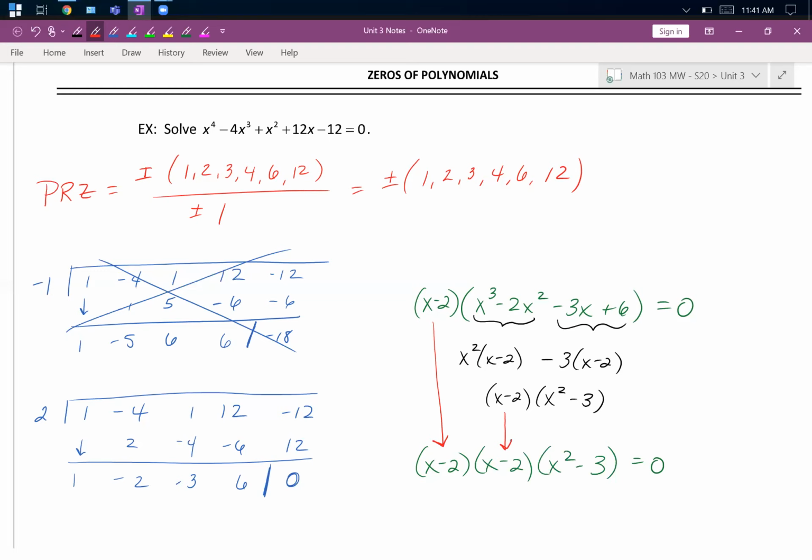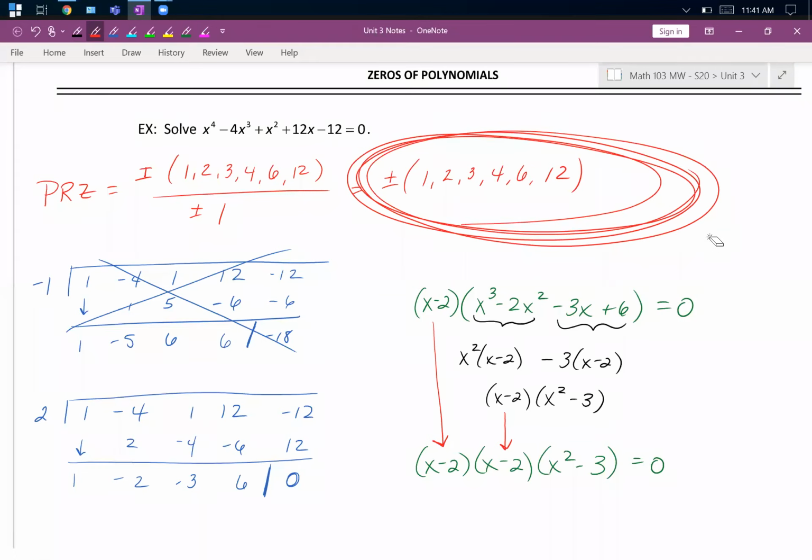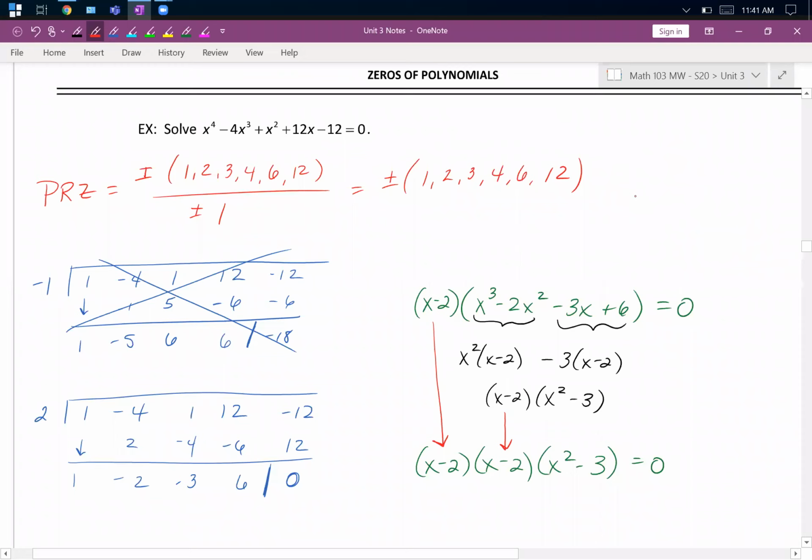Yes, that can happen, but I want to point out why it's so important to also use the other factoring tools we have. Had we not done factor by grouping, you would have checked every single number in our list of possible rational zeros and none of them would have worked, because that x squared minus 3 is going to give us irrational zeros.